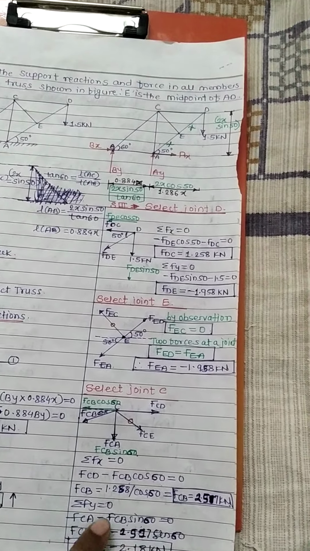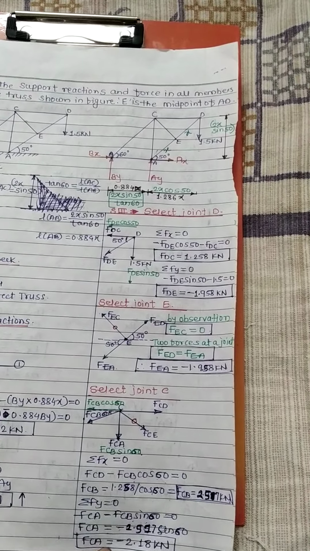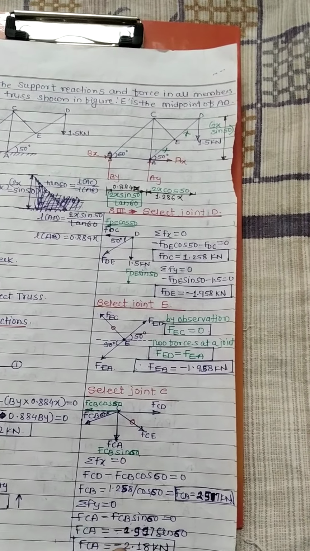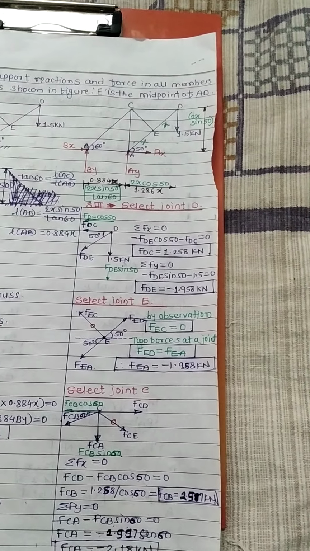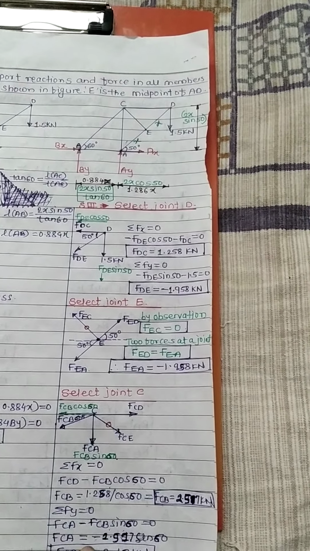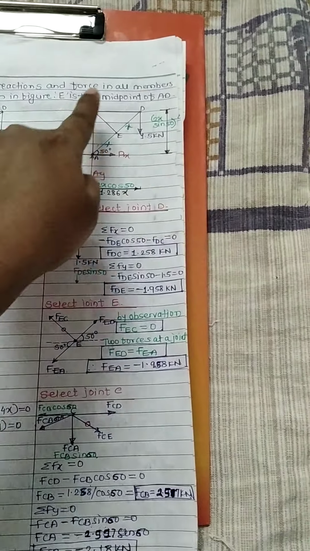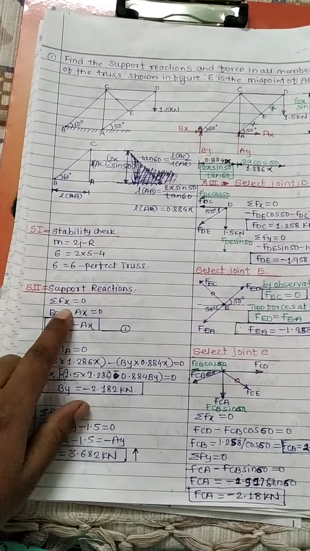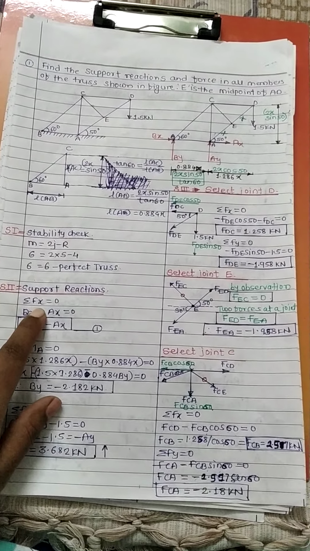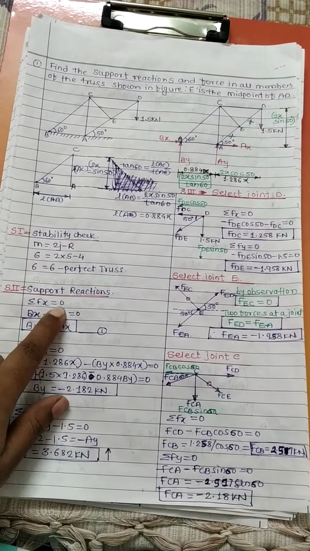As we have solved all the members with their magnitude and nature, now it is time to find the support reactions. Let us start. How? While defining the summation Fx condition by considering the entire truss, I have selected the entire truss and applied the summation Fx condition.